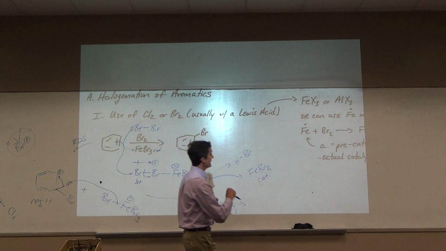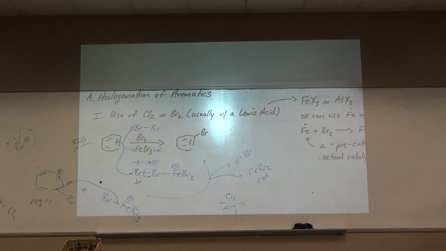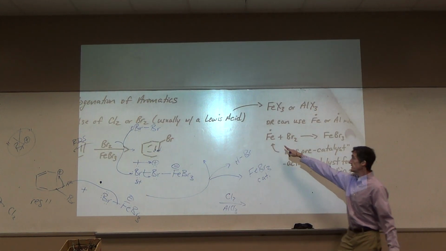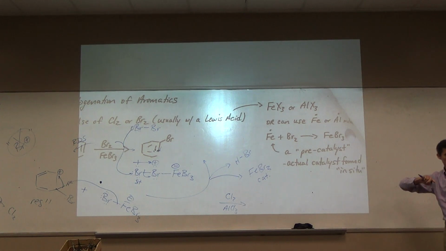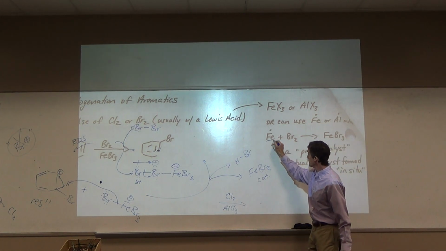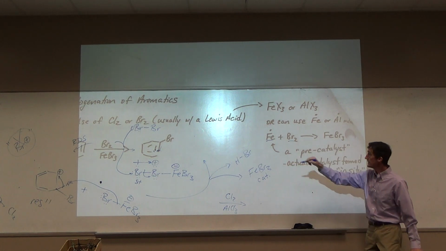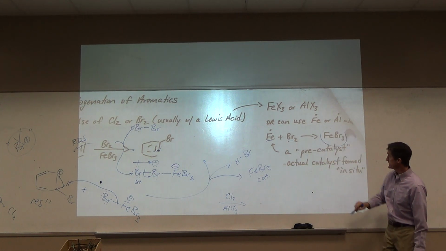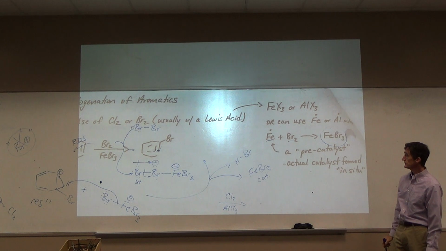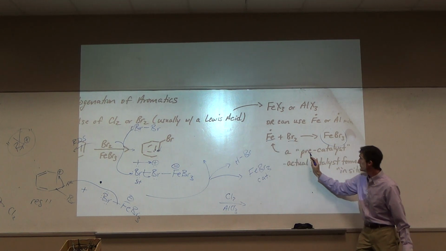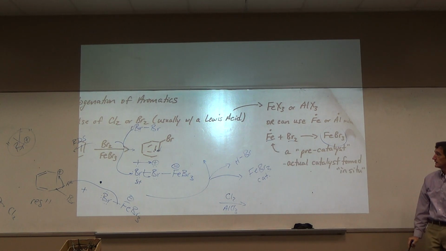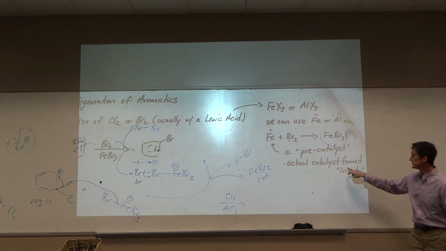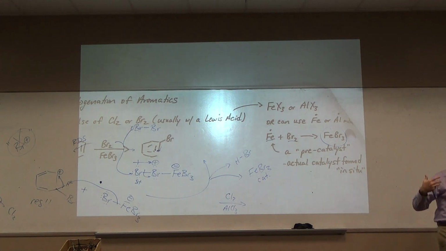Okay. Now actually, we can just use iron as a catalyst, or aluminum. That's because the base metal will react with your halogen to form your Lewis acid. And this would actually be called a pre-catalyst. It's not the actual catalyst, but it forms the actual catalyst in situ, or in the reaction.